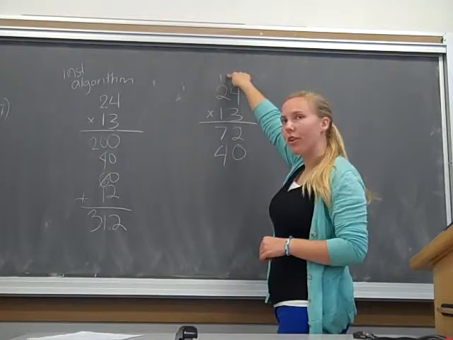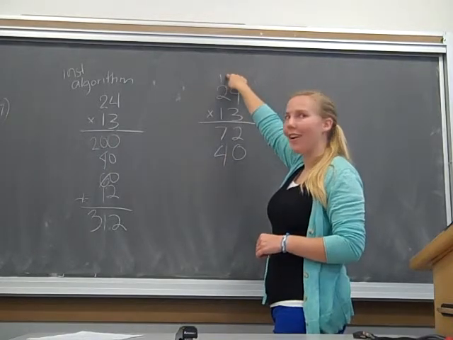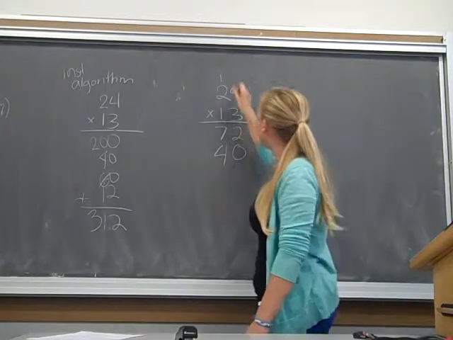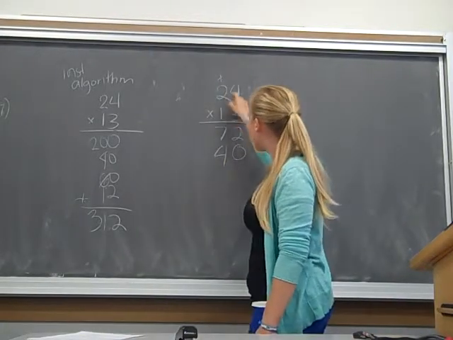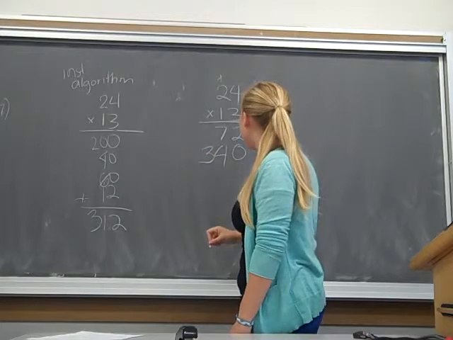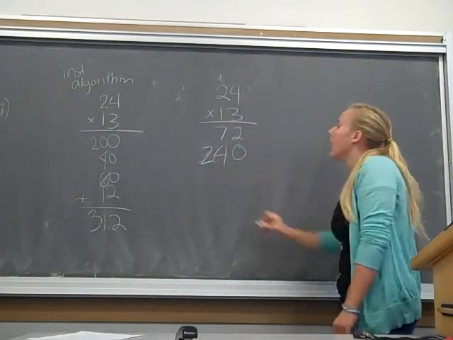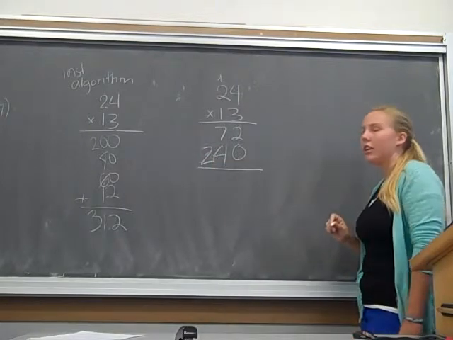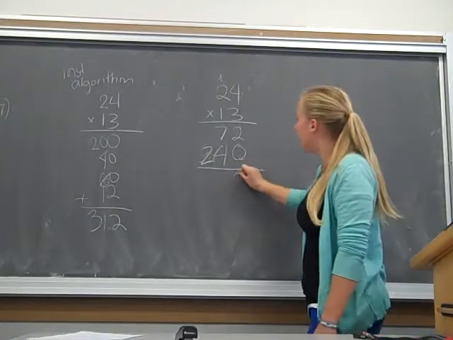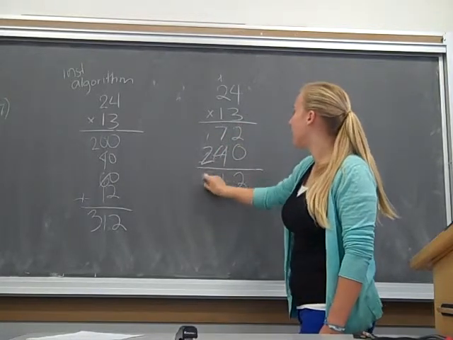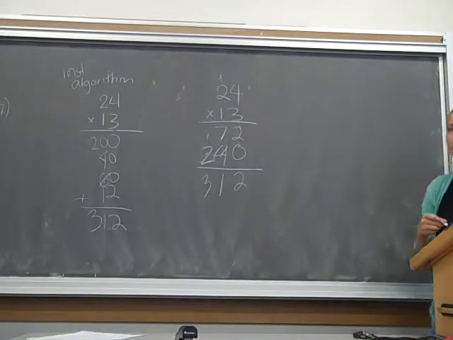And I add the 1, right? No. Why not? Because I used it last time. Okay, good. So we're not going to add the 1 this time. We're going to say 2. Multiplying, not adding. All right. And our answer is 312. That all right?